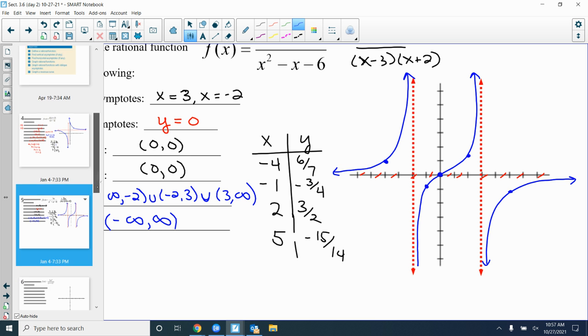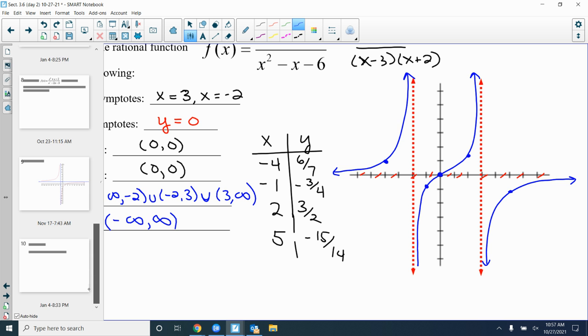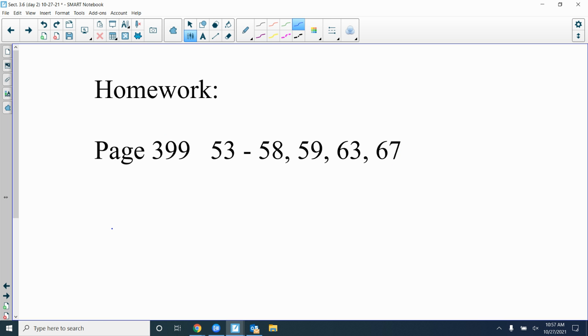All right, I knew we wouldn't get done with all of these, but I do want you to do 2 problems, 2 graphs, 59 and 63. Follow this format. If you get graph paper, great. If not, just make sure you're neat on another sheet. Spread it out. Don't give me a tiny graph.